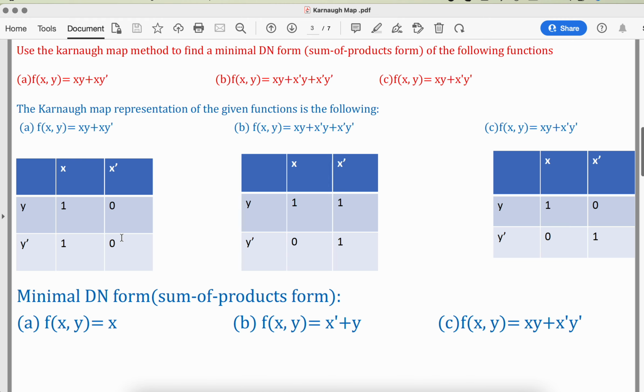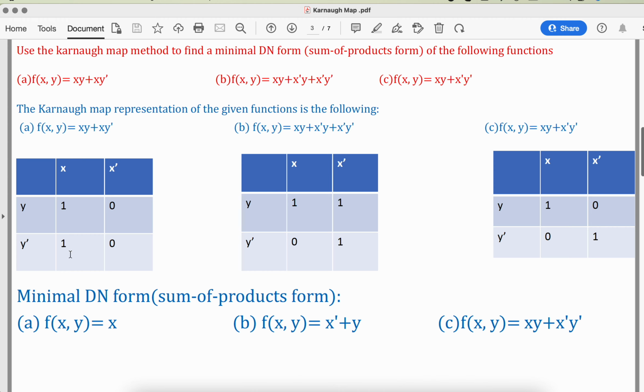So here in this case, we have only one rectangle, which is a vertical rectangle of ones. And here on this side we have y in complemented and uncomplemented form.